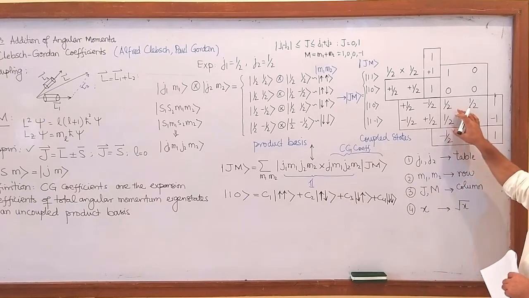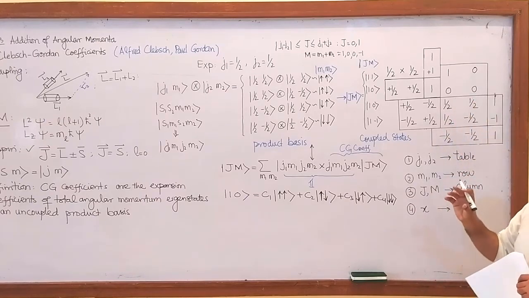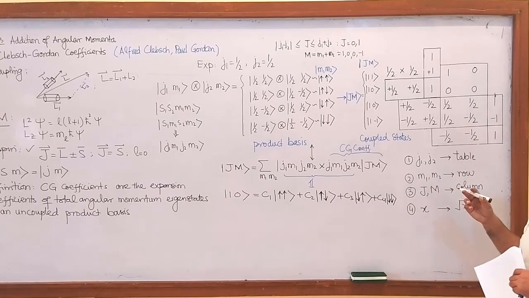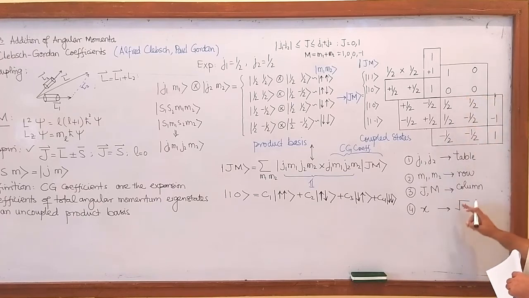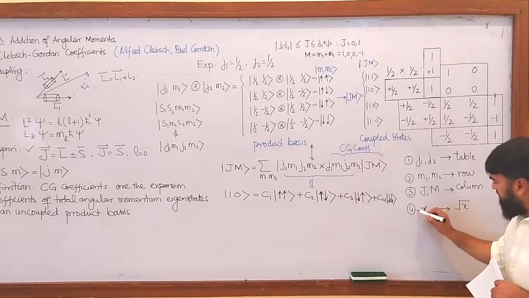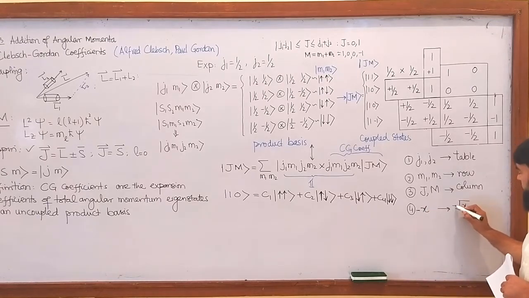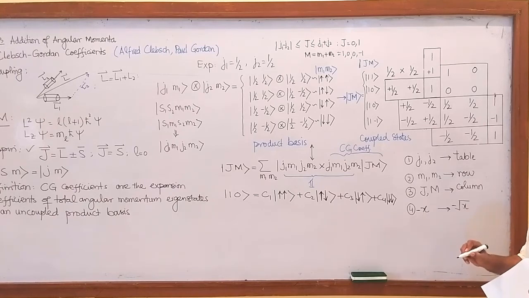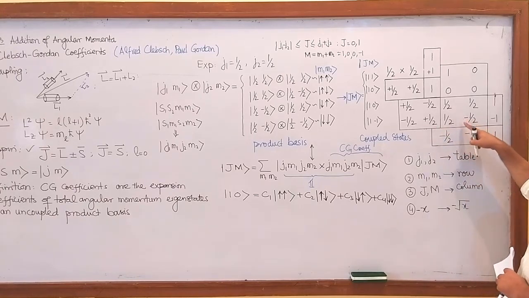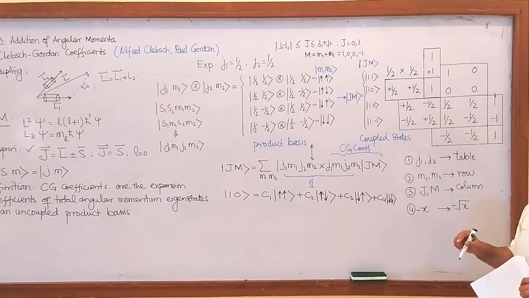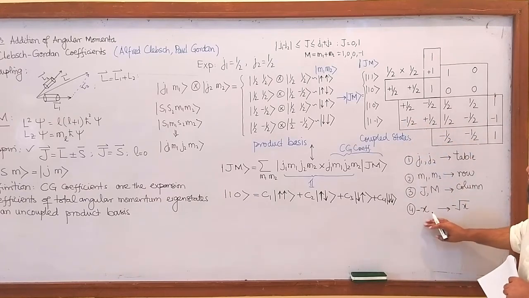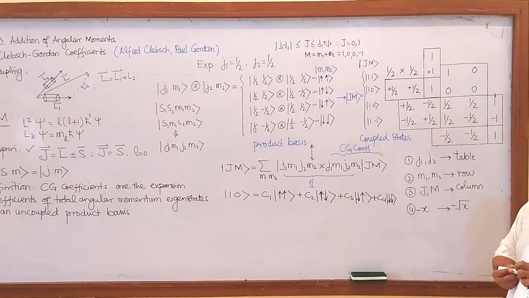Because writing the square root takes more space and the reading would not be clear. So to maintain clarity in this table, we skip writing the square root symbol. And when a minus comes in, we consider that minus to be outside the square root, like here or here. If I take the square root of this one, the minus will be out of the square root. Clear? So these are the four rules that I will apply on this table.